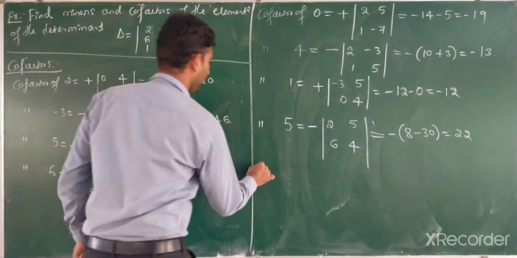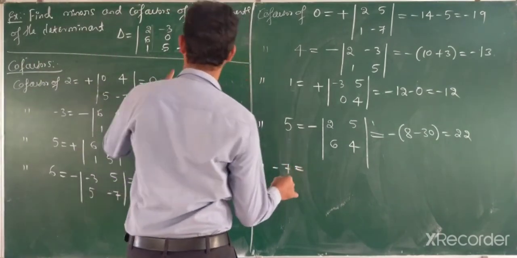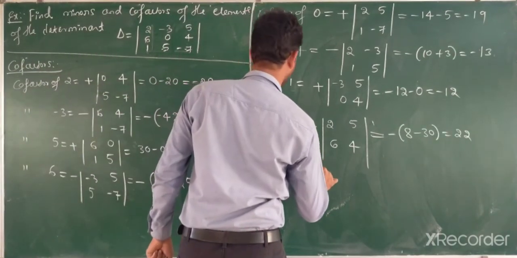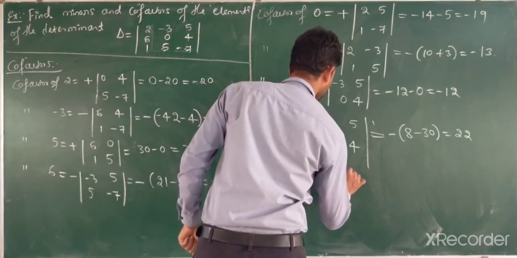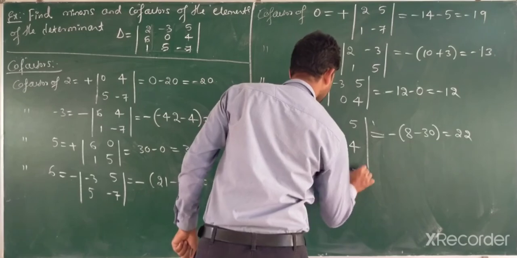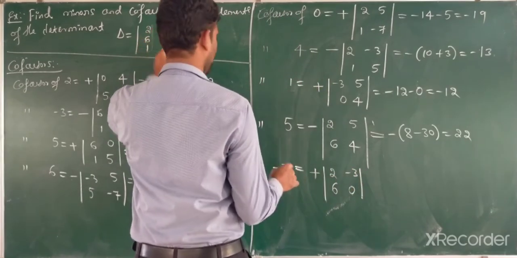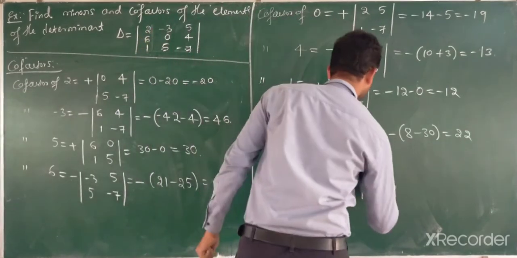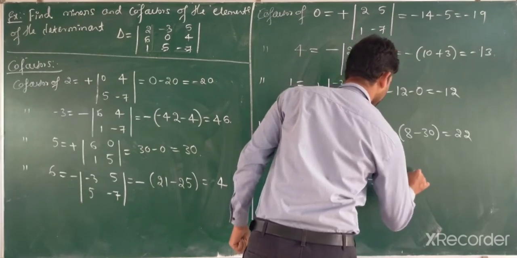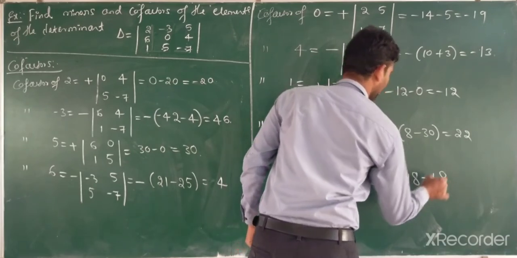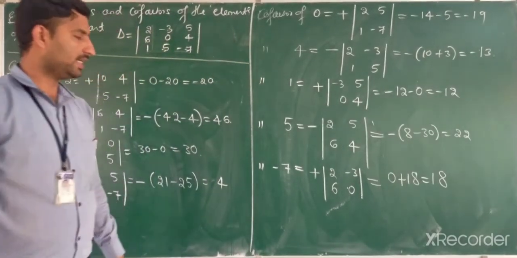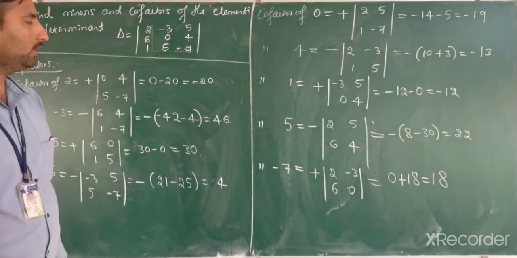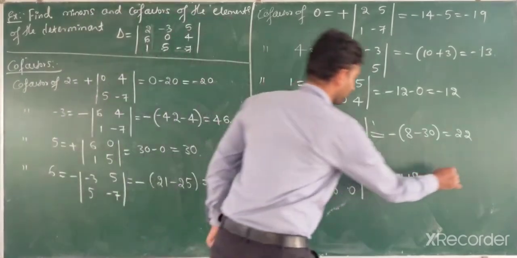Cofactor of minus 7: plus minus plus, 2 minus 3, 6 0, which is equal to 0 plus 18, which is equal to 18. 2 into 0 is 0, 6 into minus 3 is minus 18, minus 18 with the minus sign becomes plus 18.